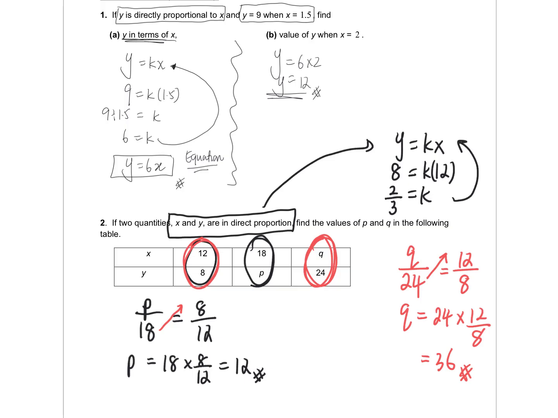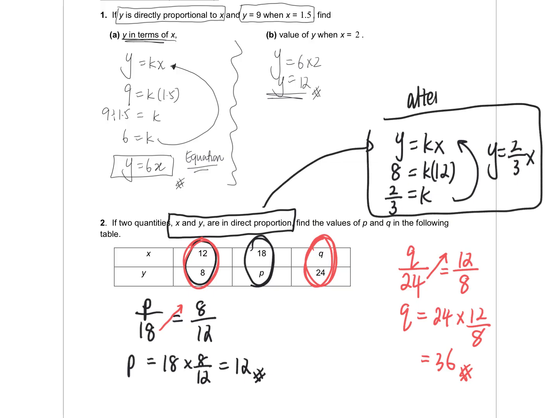So if you know that the equation is 2/3 x, then you use that to find every unknown, also can. So this is alternative method. So you see which method works better for you.